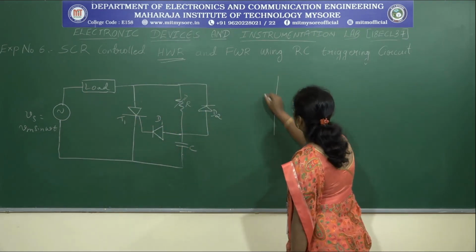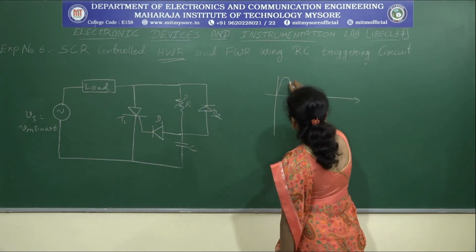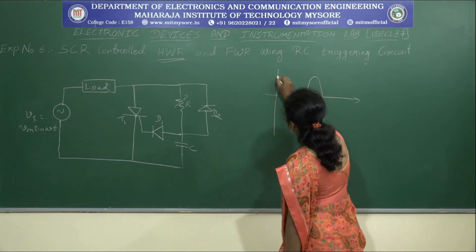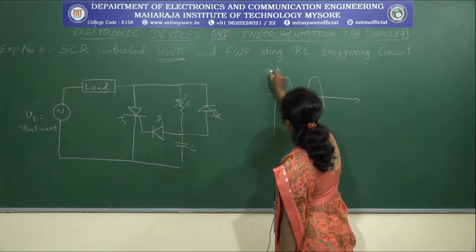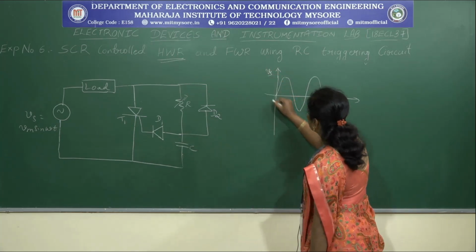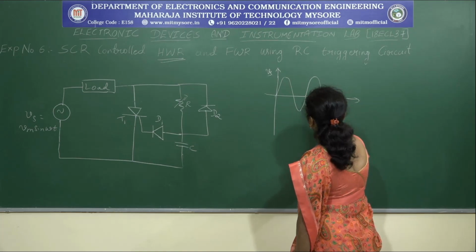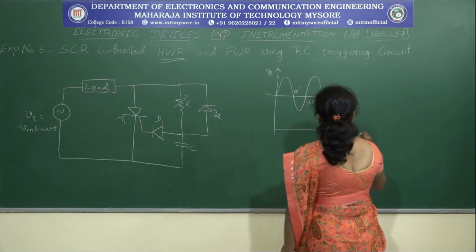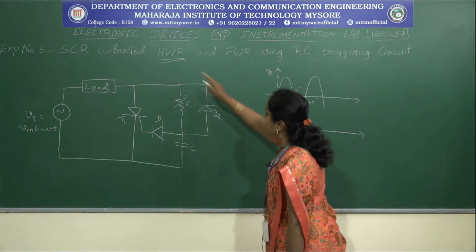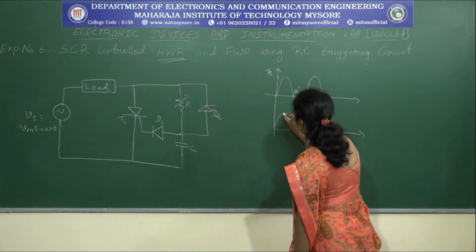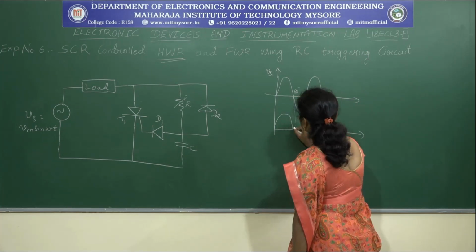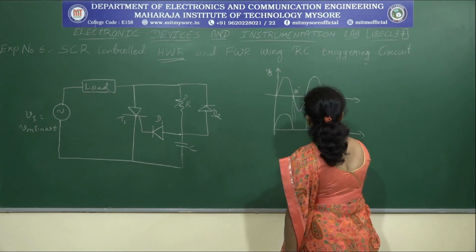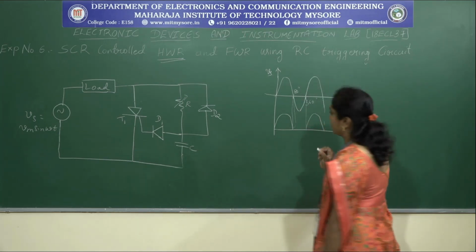Now the waveform you can measure at the input voltage is like this. The input is Vs, this is the 360 degree and this point is 180 degree. It is a half wave rectifier, so the rectifier output will be always only for the positive half cycle.